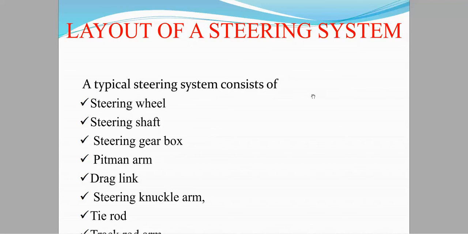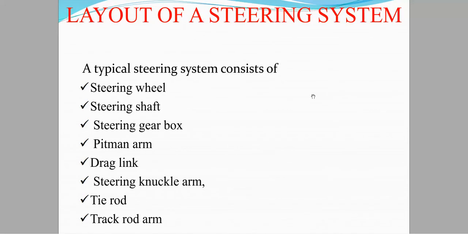Now we have the layout of the steering system. Typically, a steering system consists of several components, and some of the components are steering wheel, steering shaft, steering gearbox, pitman arm, drag link, steering knuckle, tie rod and track rod arm.